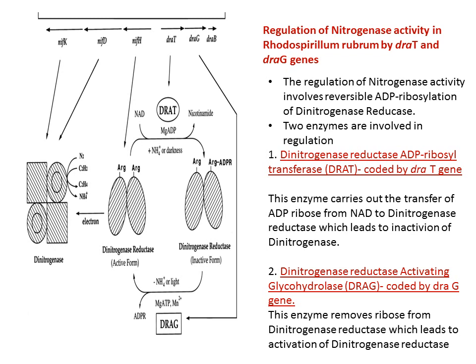The dinitrogenase enzyme is produced by this cluster of genes. If the condition is not favorable, what happens? The DRAT genes become activated and they code for dinitrogenase reductase ADP ribosyl transferase.